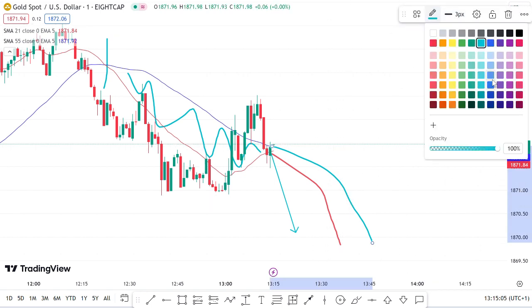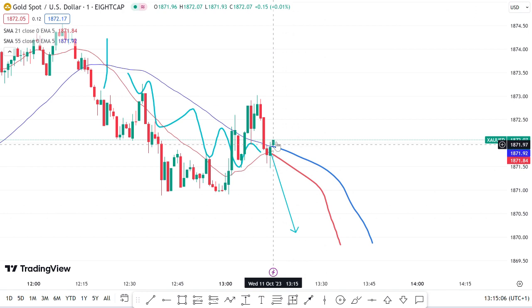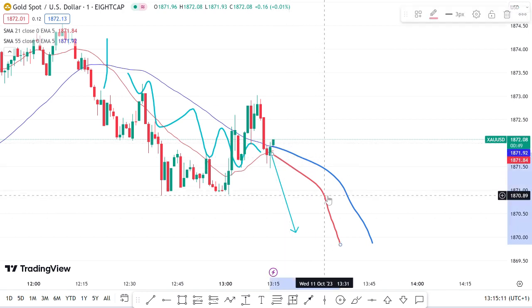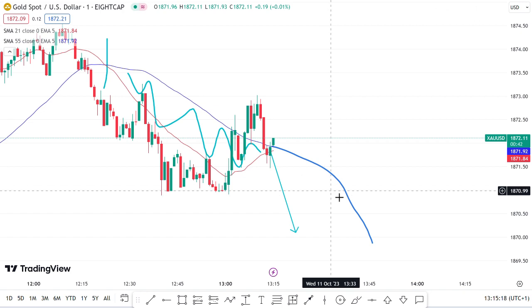This is the blue one. So if you have something like this, then we know that we are still bearish with speed on the 1 minute time frame, and we are now looking for selling opportunities as well.